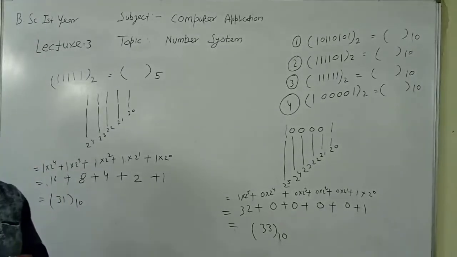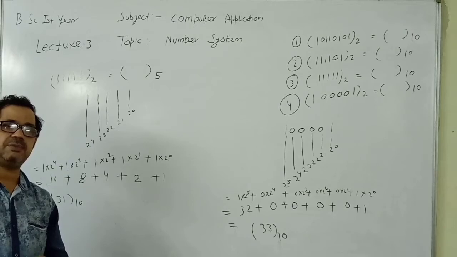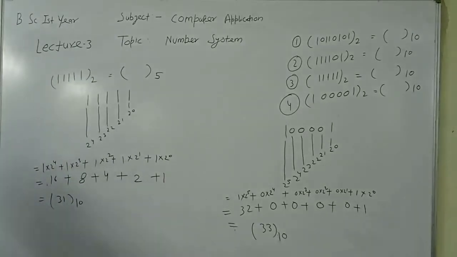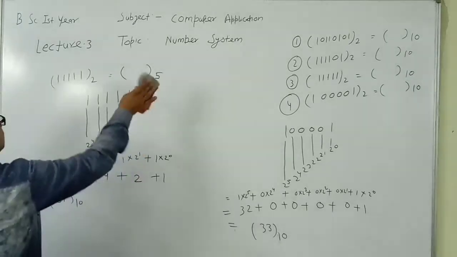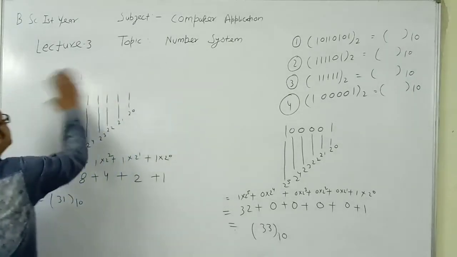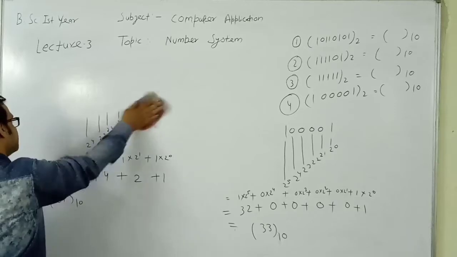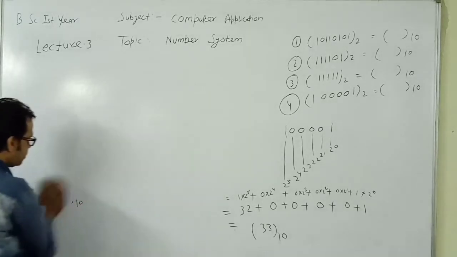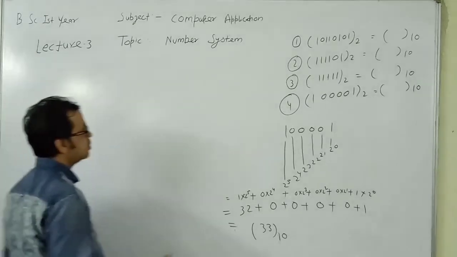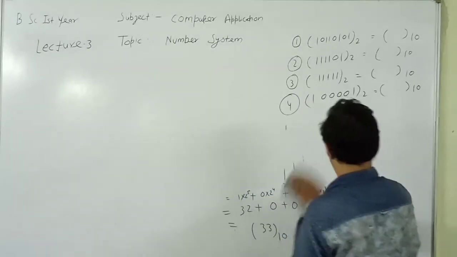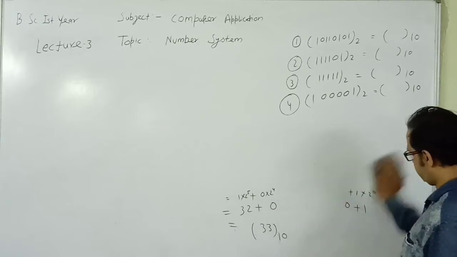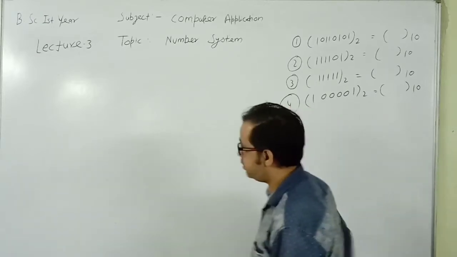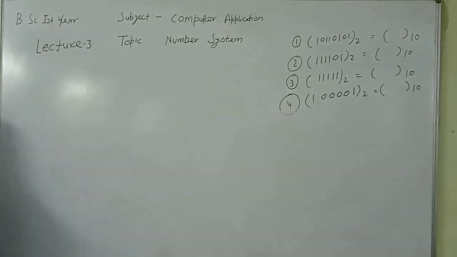Now today I will explain how to convert a decimal number into octal number. So write down this. So now take a number in decimal and convert it into octal.